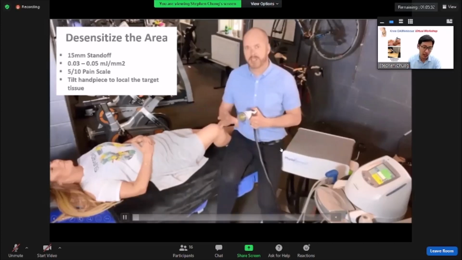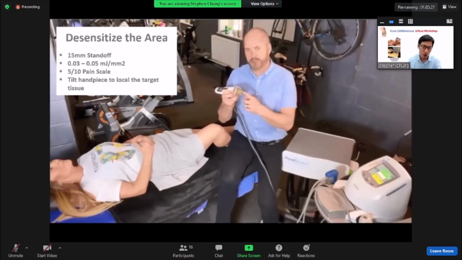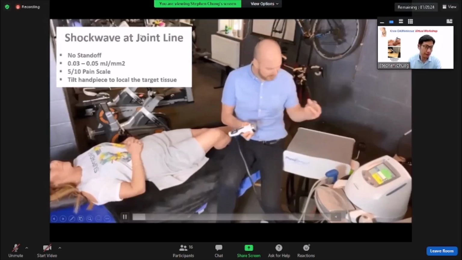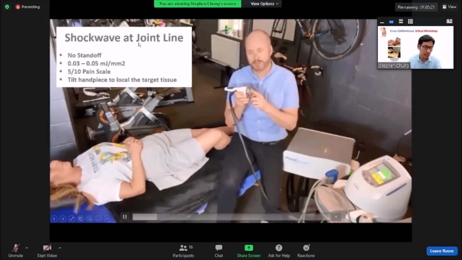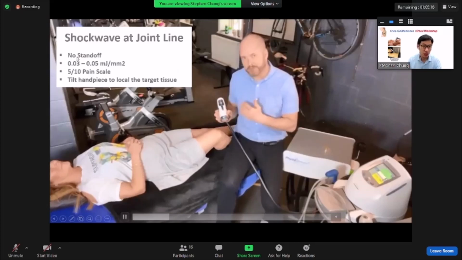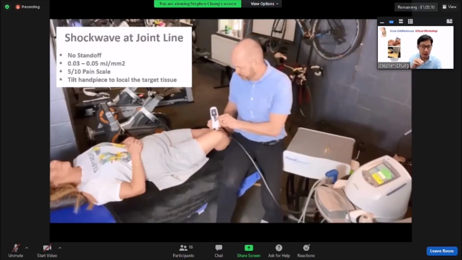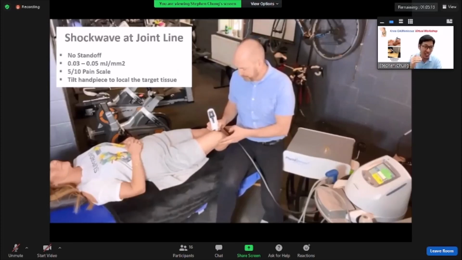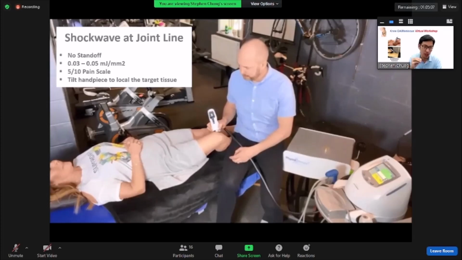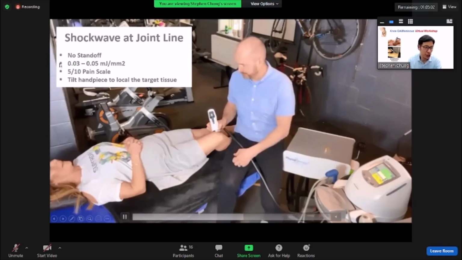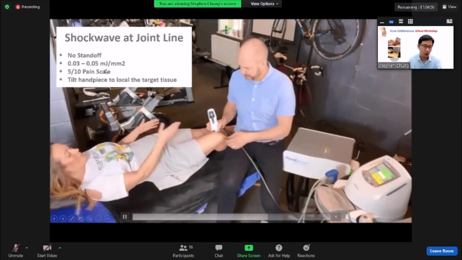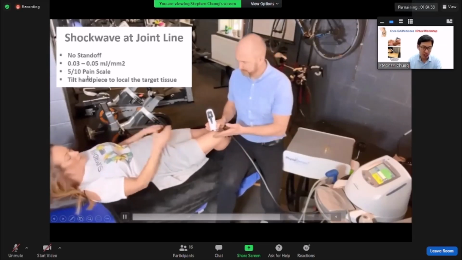After a couple of 100 shots to desensitize, we move forward with the treatment at the joint line. For the real treatment at the joint line, we don't use the standoff. That means we go further deep down. The patient may feel the shockwave go halfway into the knee, compared to with the standoff, which stays at the superficial level. They will tell you the difference. Again, we start off with a very low energy level and then gradually build up to 5 out of 10 on the pain scale.